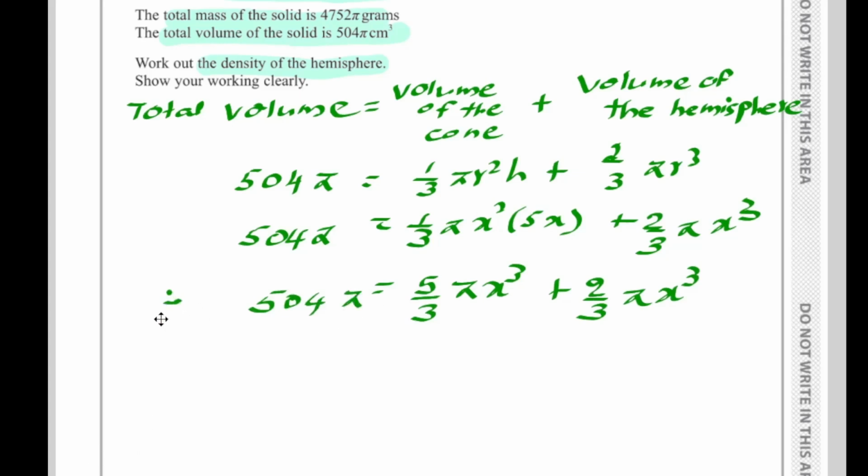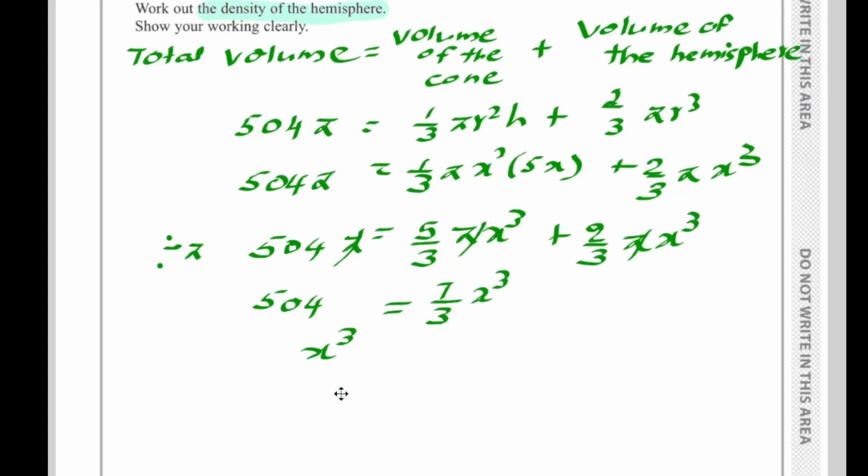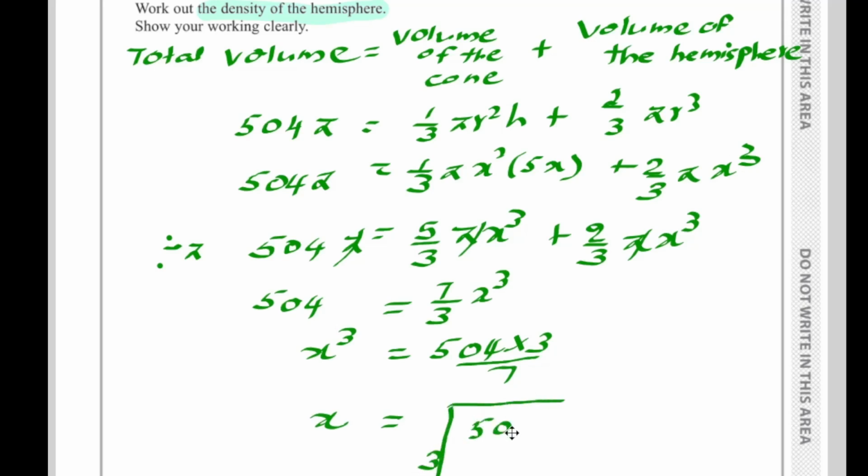So I'm dividing the whole equation by pi, then pi will get cancelled out. Then 504 equals, I can add these two, which is 7/3 x cubed. Then x cubed equals 504 into 3 divided by 7. So to get x, I need to get the cube root of this.